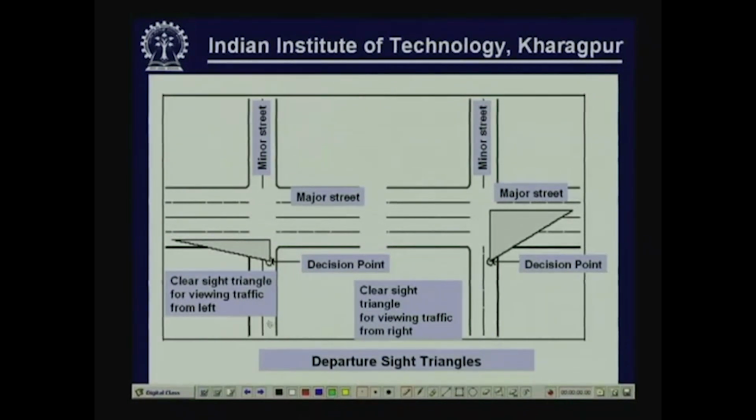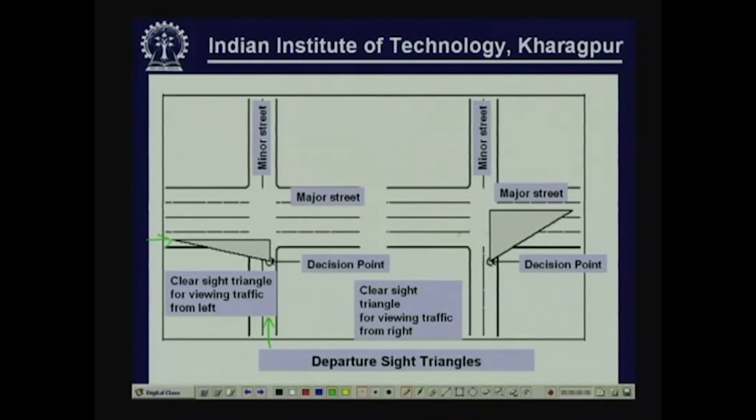But in this case also, say a driver or a vehicle is coming from the minor road, this is the minor road and this is the major road. So, when a vehicle from the minor road is trying to enter into this major road from a stopped position, then a vehicle may come from the left side.